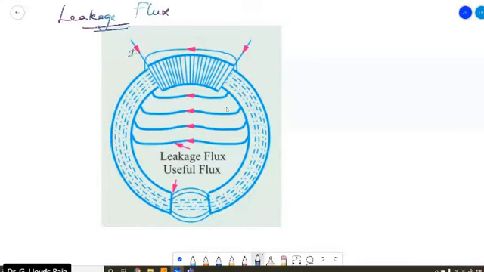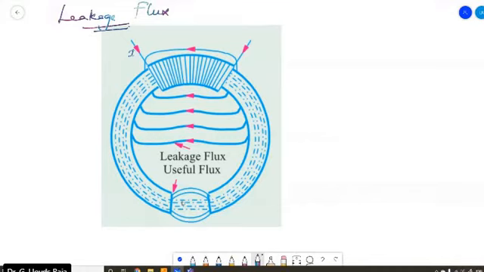This is marked as the leakage flux, which means that the intended flow of flux should be along this iron ring, but what is happening is that some of these flux lines are trying to complete the circuit by flowing in this direction using this gap. So this is considered the leakage flux, whereas this is the useful flux.